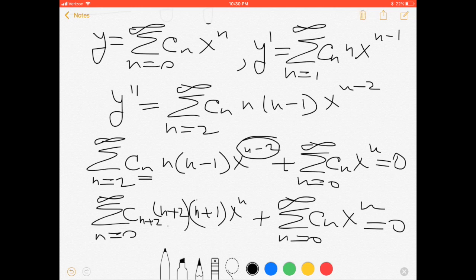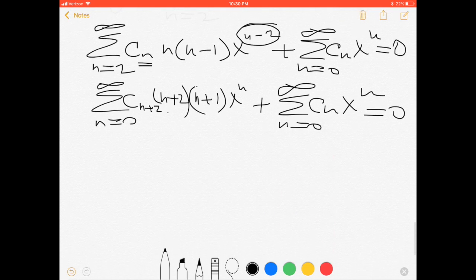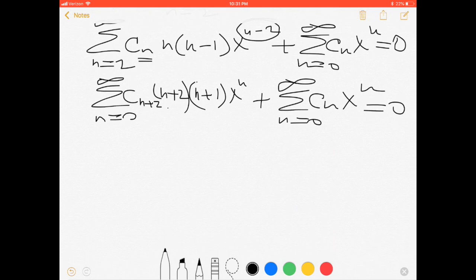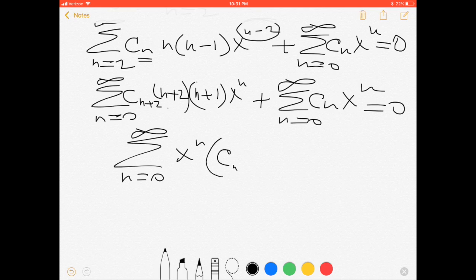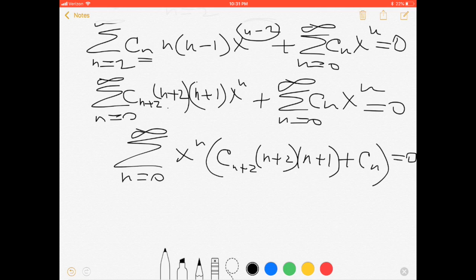Okay, you can rewrite it as one series, and we have x to the power n, with n from 0 to infinity. Here you have c n plus 2 times n plus 2, n plus 1, plus cn, and this needs to be equal to 0. Because this needs to be equal to 0 for any x, this means the coefficient is equal to 0.